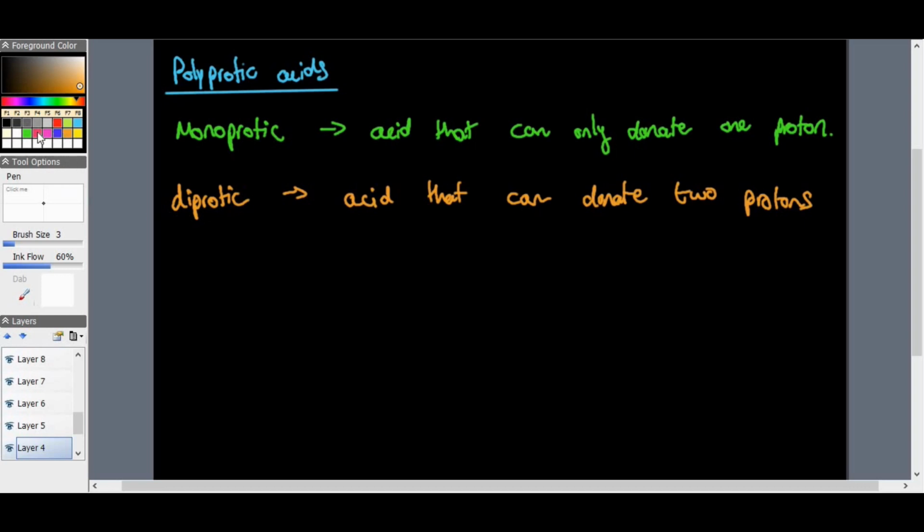And then of course the last one, let's pick a red. You get triprotic. Tripod, 3 stands, triangle, 3 sides, so obviously you know what this means. Triprotic is the term that's given to an acid that can donate 3 protons. Okay, let's take a look at an example.